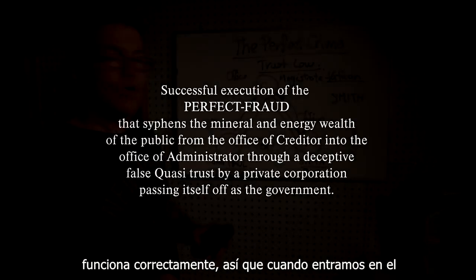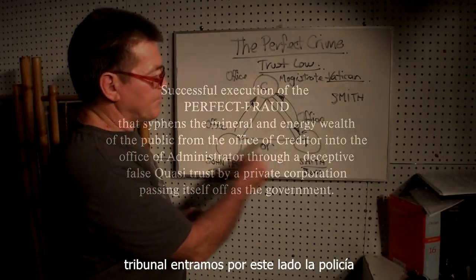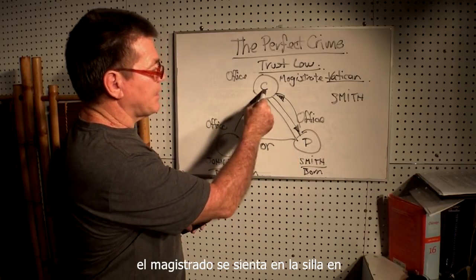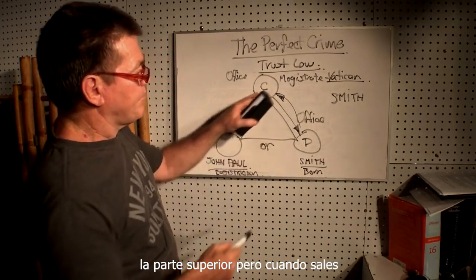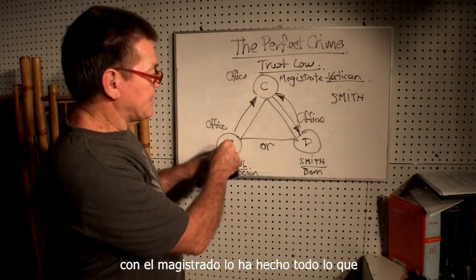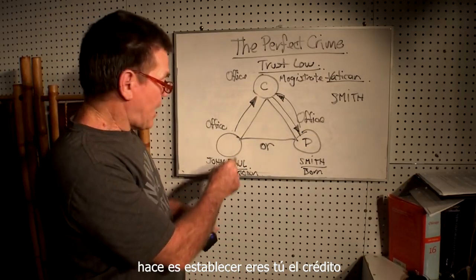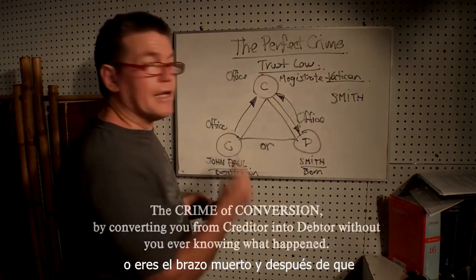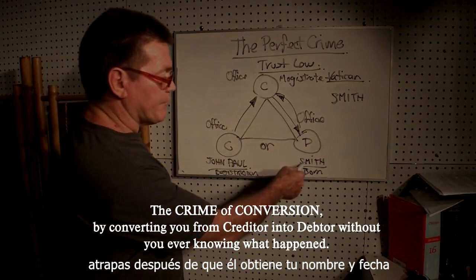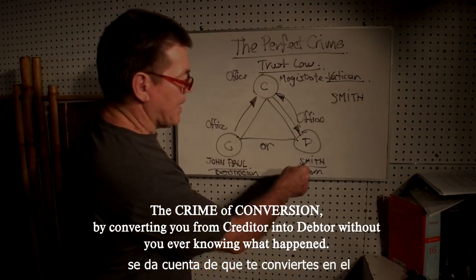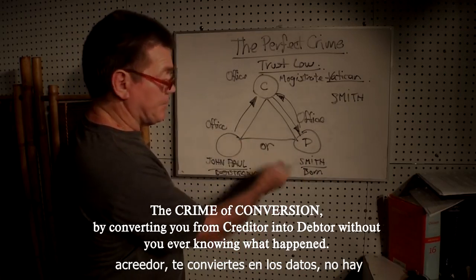So when we go into the court, we go in on this side, the police or the councils, they sit on that side. The magistrate sits up in the chair at the top, but by the time you walk out, what the magistrate has done is that all he does is he establishes, are you the creditor or are you the debtor? And after he gets your name and date of birth, he works out that you become the debtor.